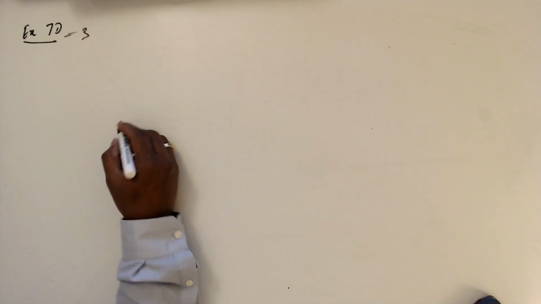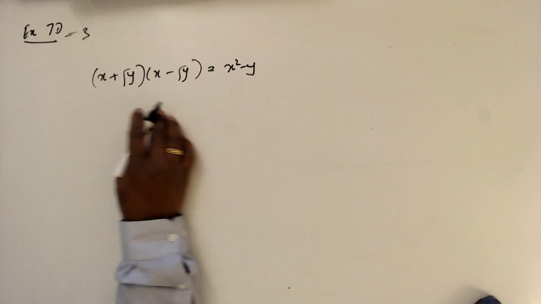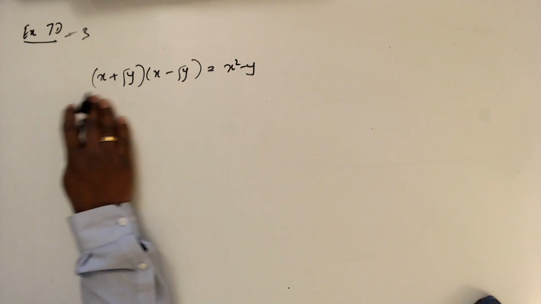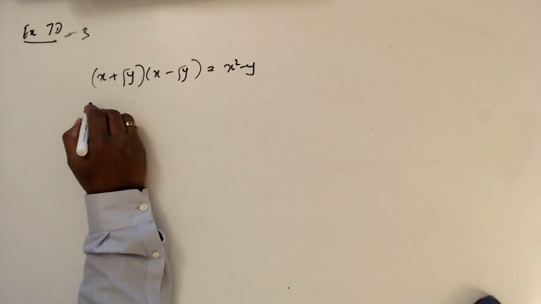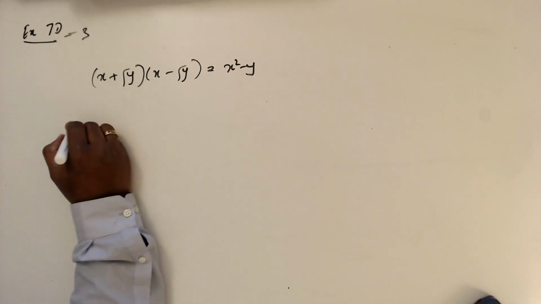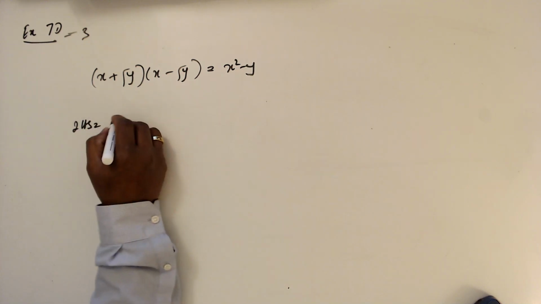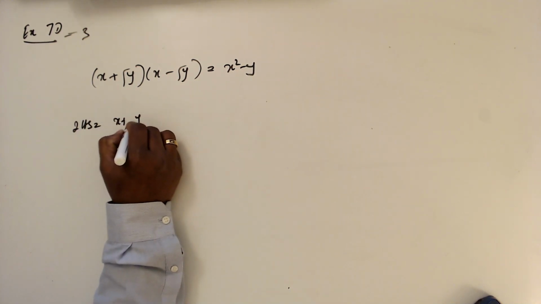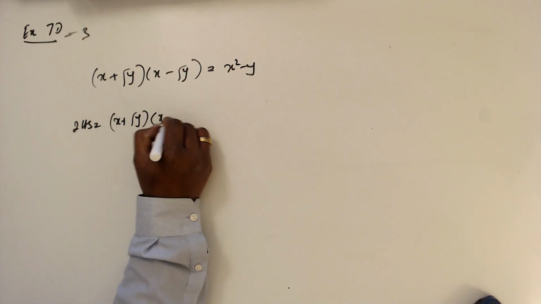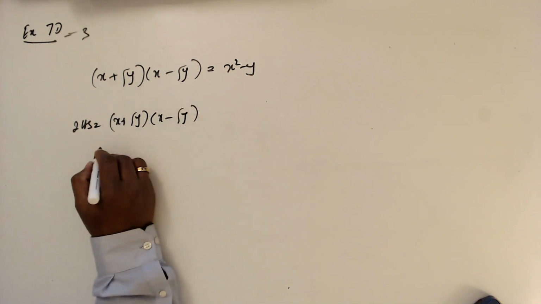Question number 3. So we want to show this. I will start with the left hand side: x plus square root y times x minus square root y.